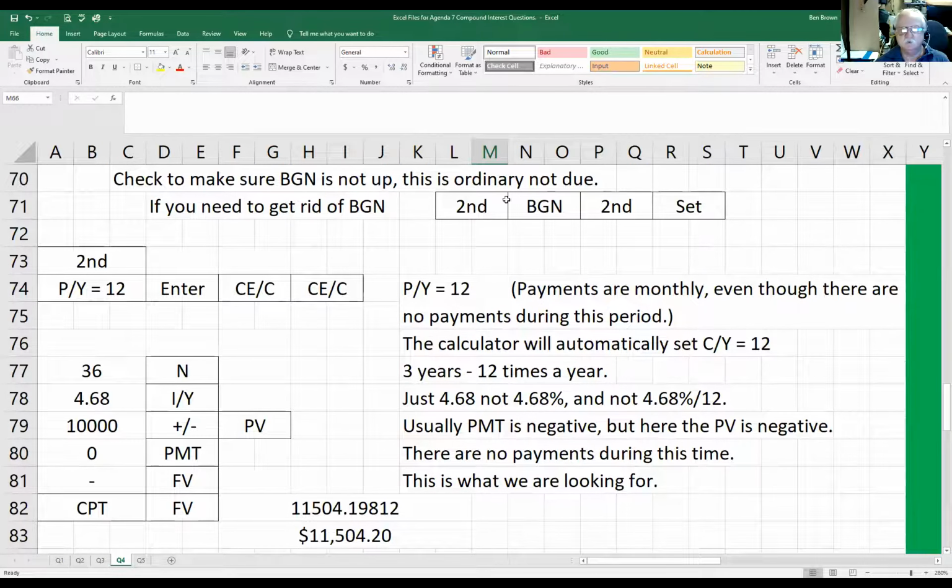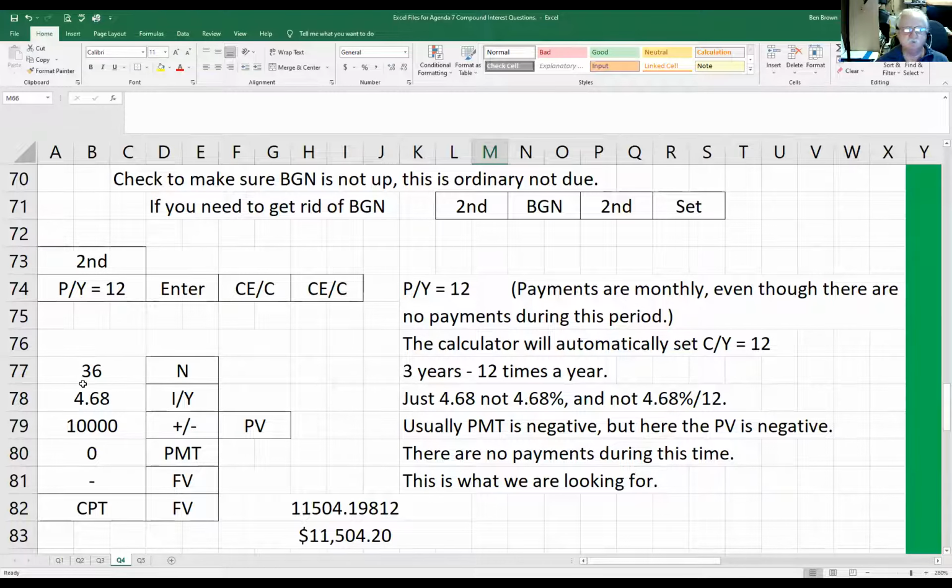Again, it's not an annuity due, so make sure BGN is not up. Payments are 12, so payments are monthly, even though there are no payments during this calculation. The calculator automatically sets compounding to 12.